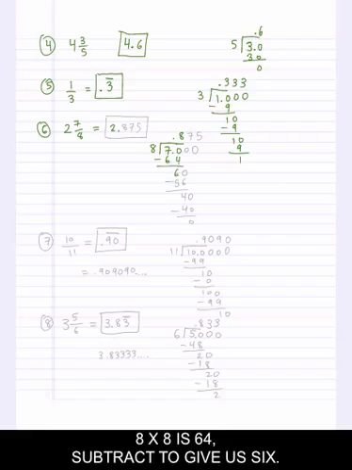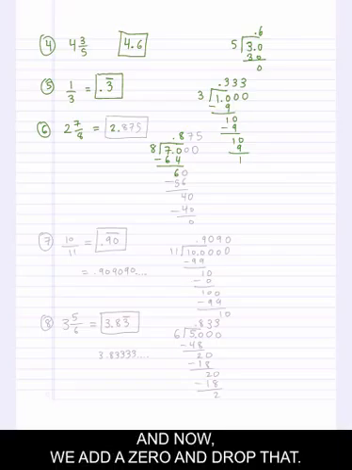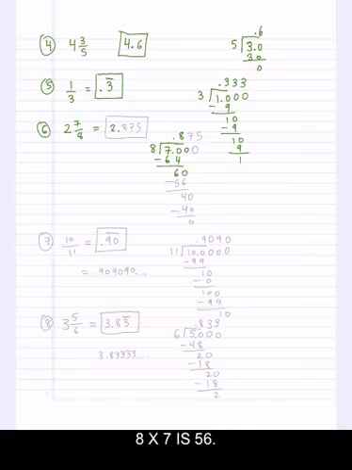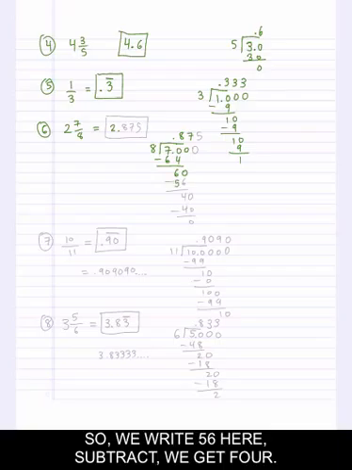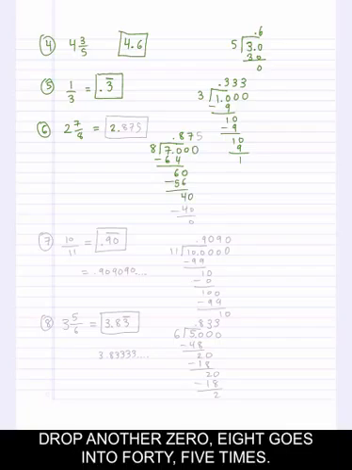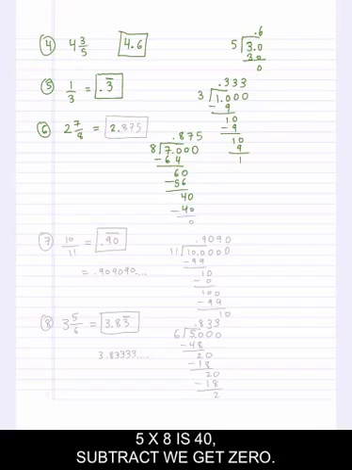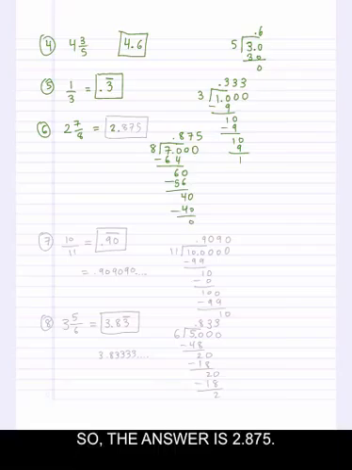Subtract to give us 6. And now we add a 0 and drop that. 8 times 7 is 56. So we write 56 here, subtract, we get 4, drop another 0. 8 goes into 40 5 times. 5 times 8 is 40, subtract, we get 0. So the answer is 2.875.